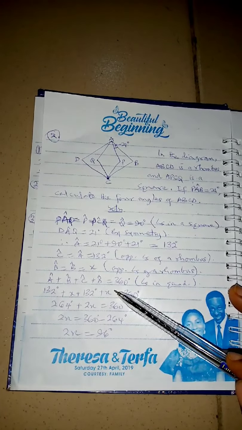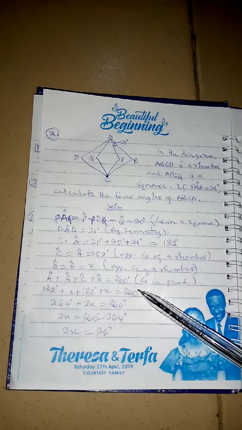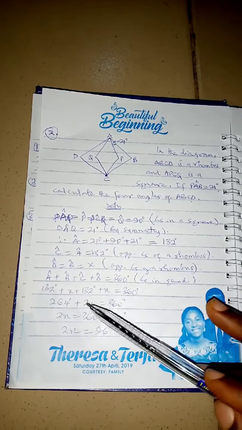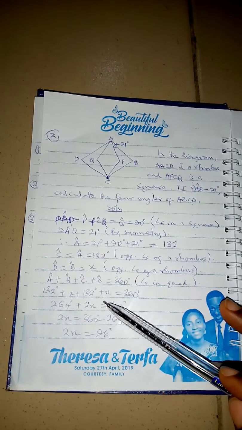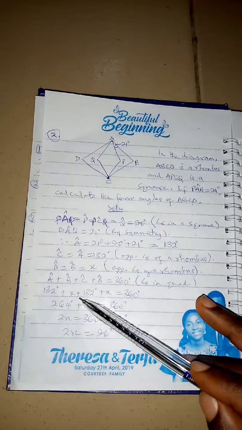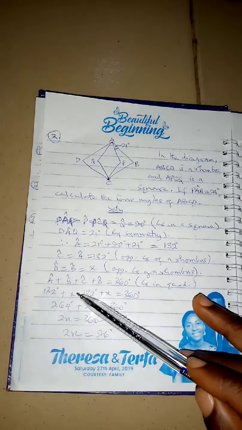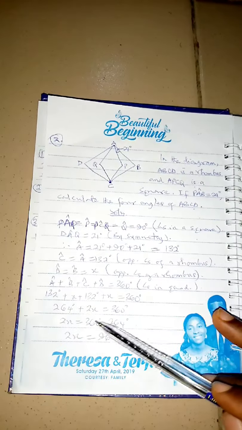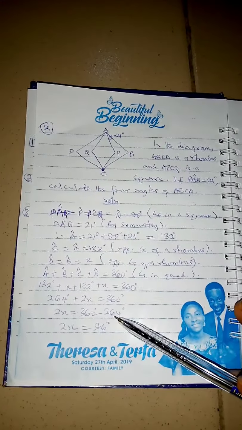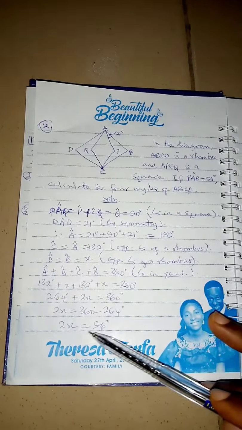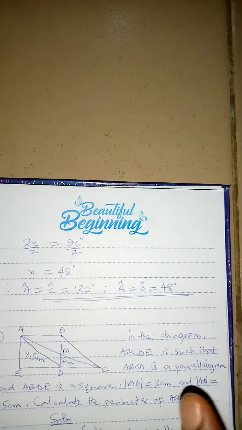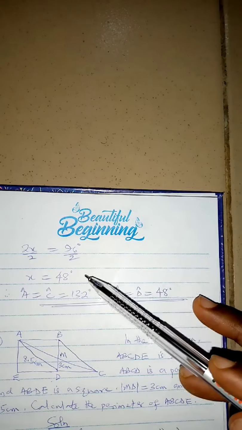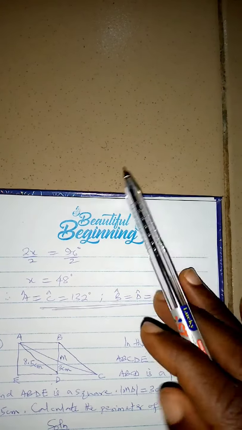Add the 132 and 132, you have 264 degrees. Add your X, you have 2x. Collect your like terms. 2x will be 360 degrees minus 264 degrees, which will give you 96 degrees. Divide both sides by 2, and x will be 48 degrees.